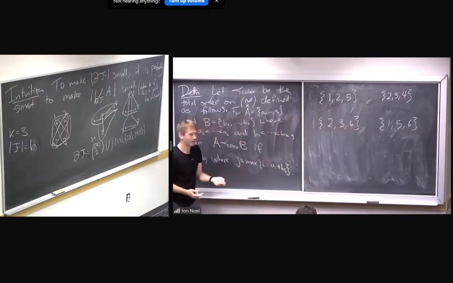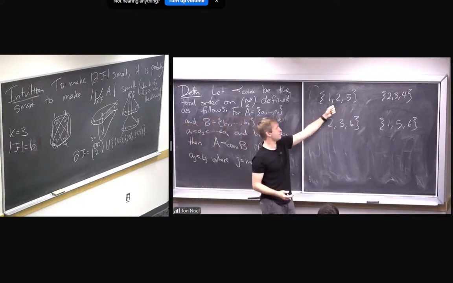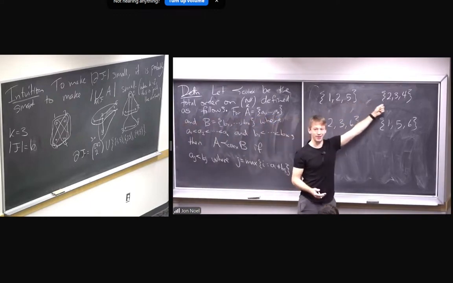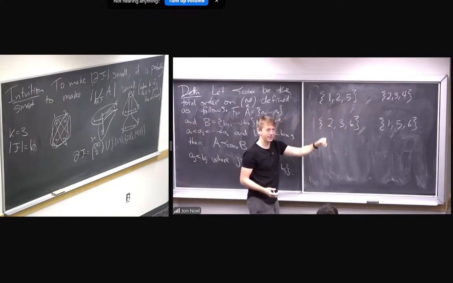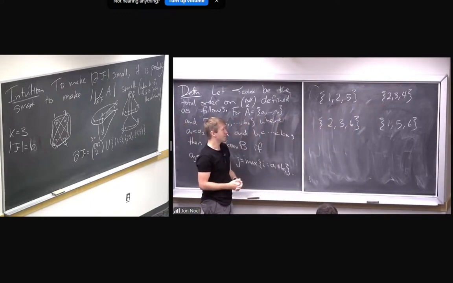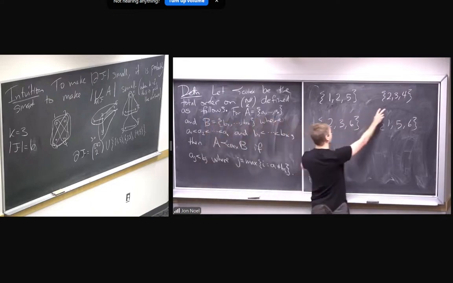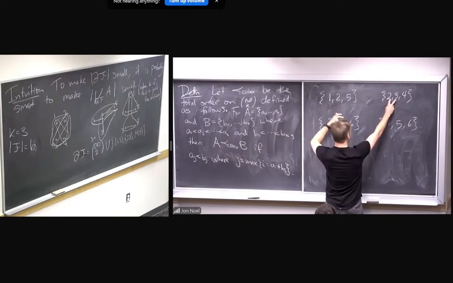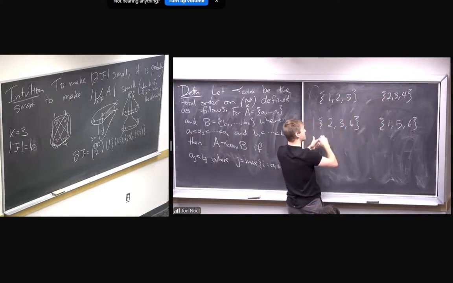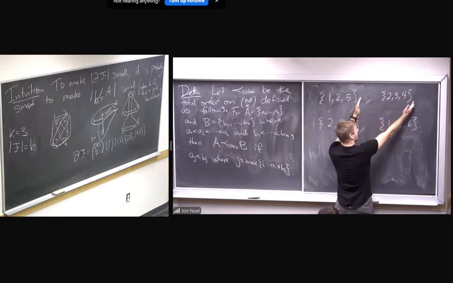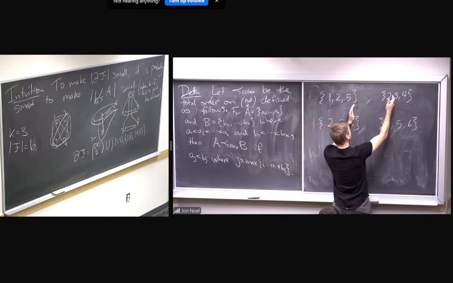So, which one of these two things is bigger in colex? Yeah, I guess because of the 5, right? It doesn't really matter that some things in some sense dominate those ones. We just scan from right to left, see where the first time they differ is, and pick the bigger one.